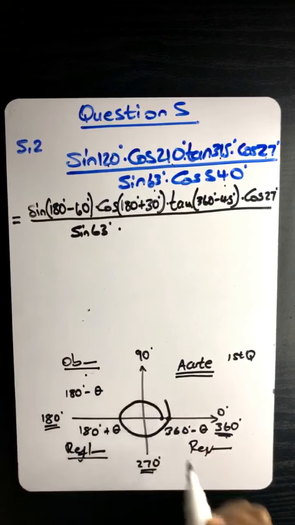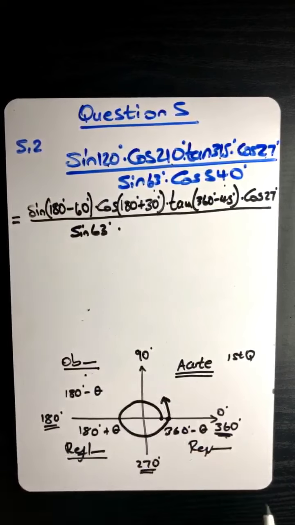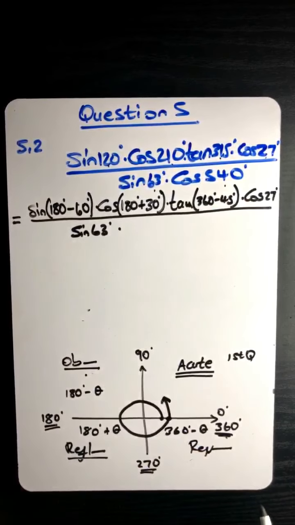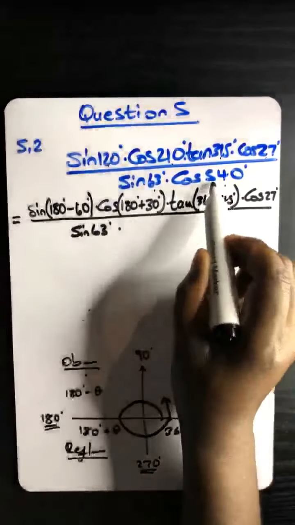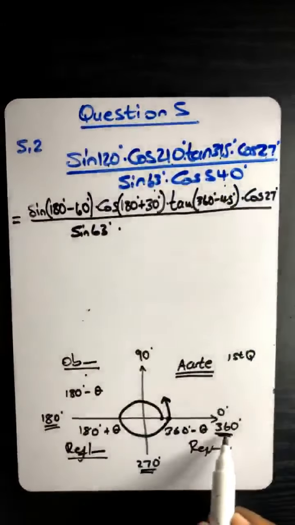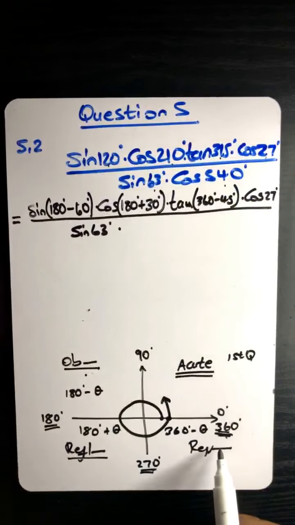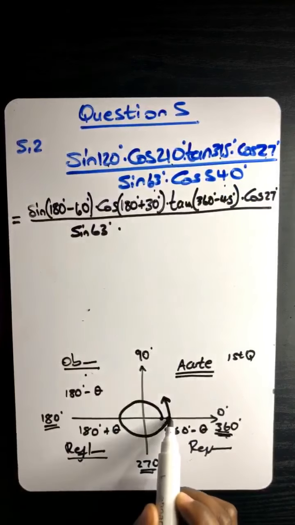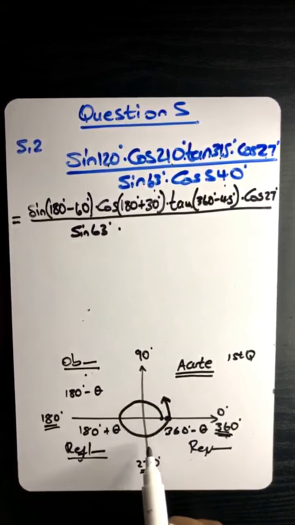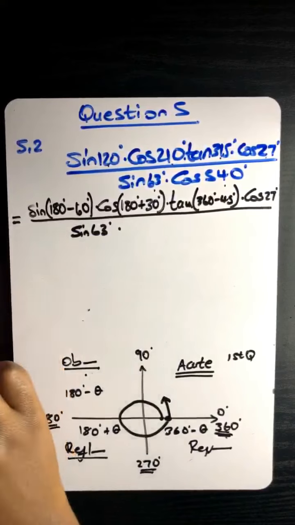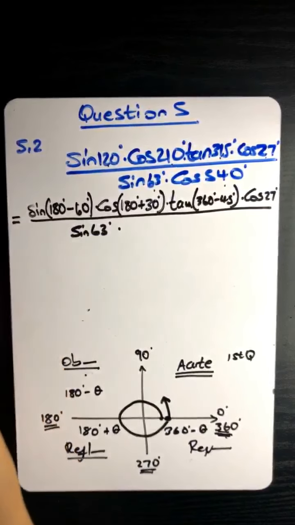It went beyond 360. So what I normally do is say 540 minus 360, so that after it passes 360, you know in which quadrant it lands. What is 540 minus 360? 180.